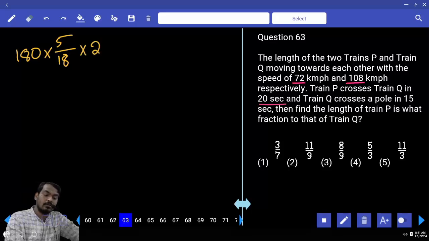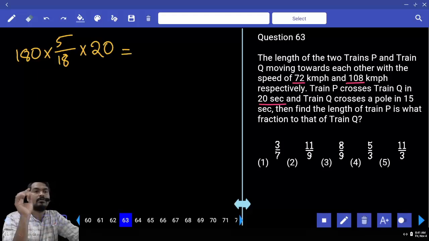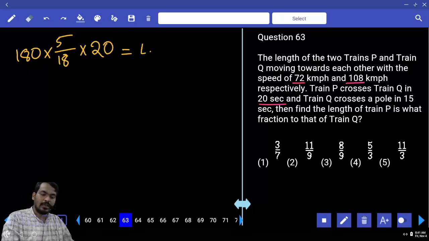Sum of these speeds into time gives the distance, or not? The same distance is also equal to the length of the first plus the length of the second, because both trains are moving in opposite directions. One train passing another means the total distance is the sum of the two train lengths, that is equal to L1 plus L2.